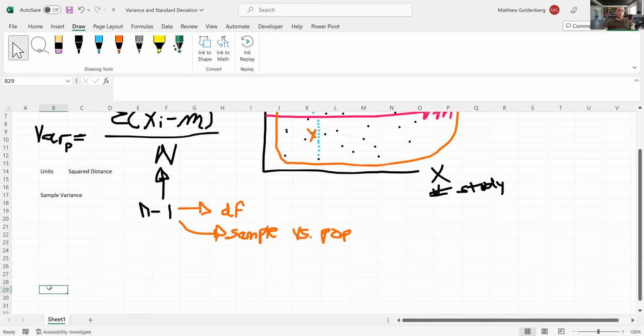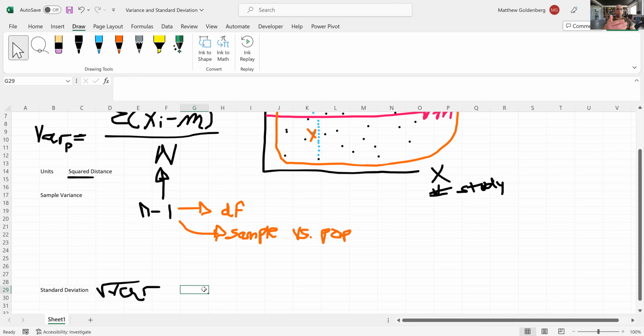The final part is to talk about standard deviation. And all standard deviation is the root of the variance. So remember I said the units in variance is squared distance? So when you calculate the variance, you're calculating a squared distance.